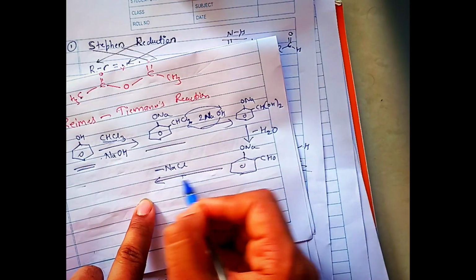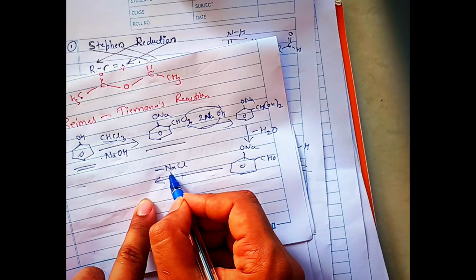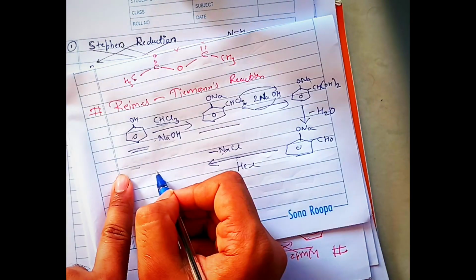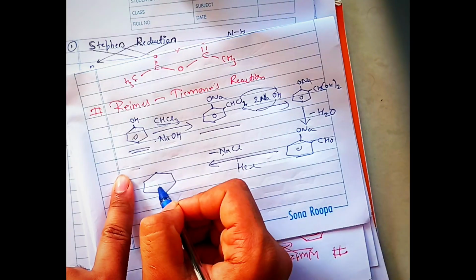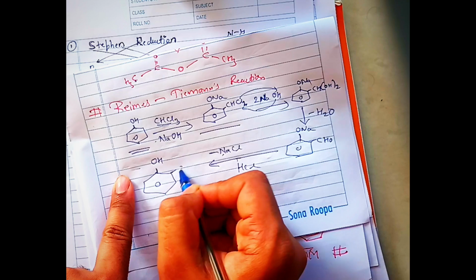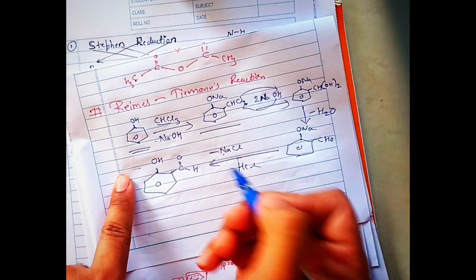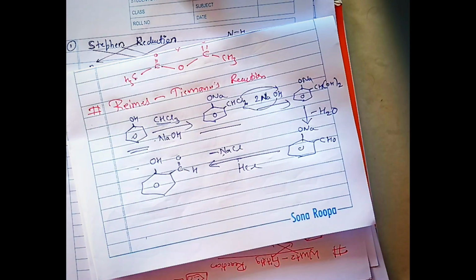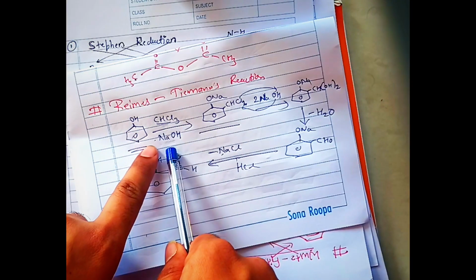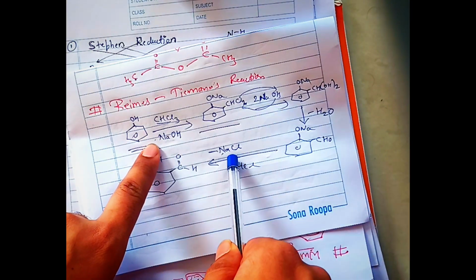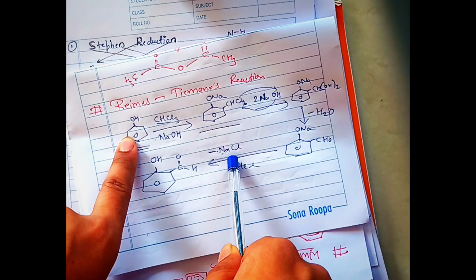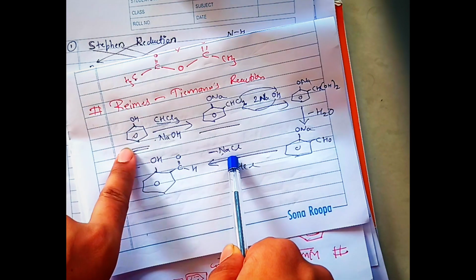Now here, minus NaCl and addition of HCl, we get salicylaldehyde. So there will be 3 steps: NaOH, 2 NaOH, minus NaCl. Okay, and the same phenol is the reactant.